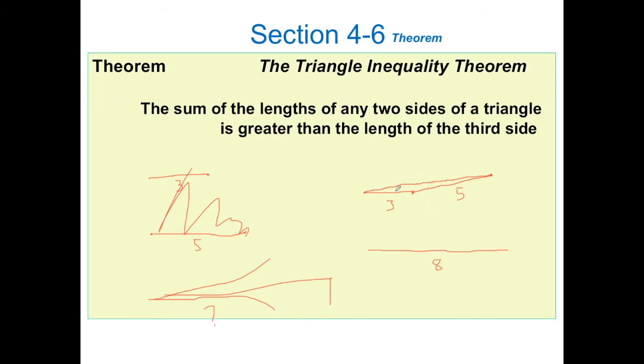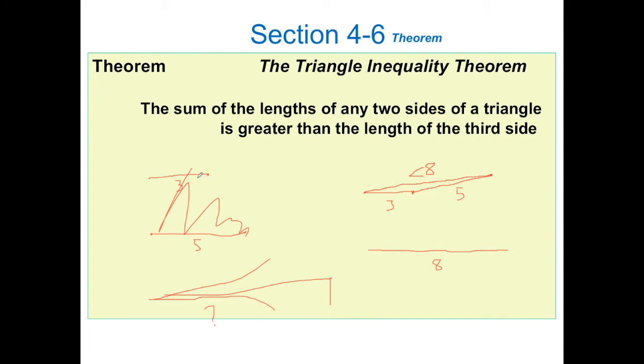So it turns out the third side would need to be small enough to not be too far from 3 plus 5. 3 plus 5 needs to be greater than this third side so that you can actually go non-collinear, not along the line itself, outside the line a bit, 3 units, and then 5 units back to where this final side is here. So less than 8 is the largest that third side could be.